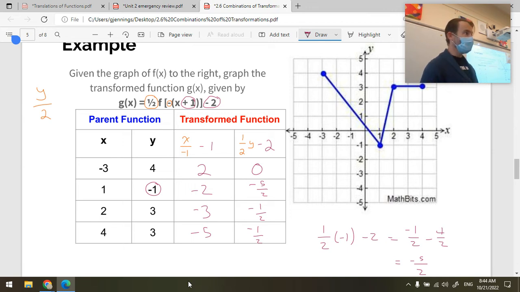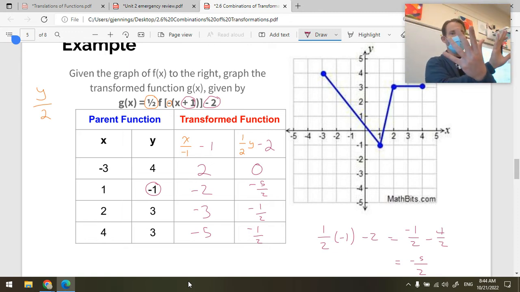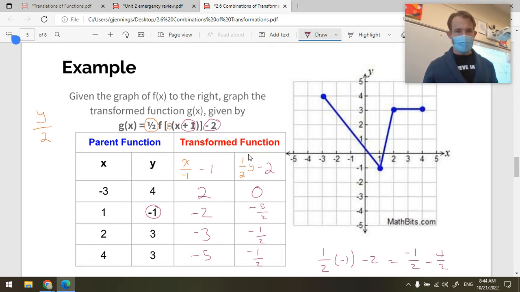Okay, all right, transform it point by point. Let's look visually. If we squeeze it by a factor of half, flip it in the y-axis, and move it this way. Let's plot our points. Here's the point 2, 0. Here's the point negative 2, negative 5 halves, so negative 2, negative 2.5.